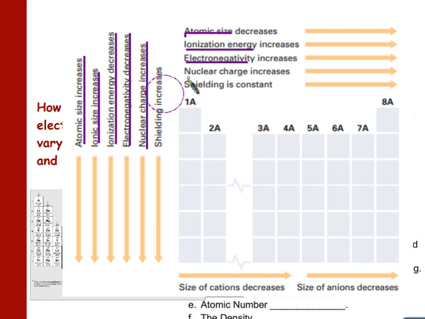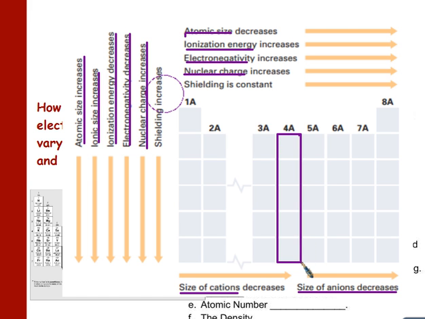All of those, we need to know these trends. You also need to know that the size of cations decreases and the size of anions decreases, and there is a changeover, a rollover, right around group 4 right here, and we'll talk about that at a later time, when we start reviewing this stuff.